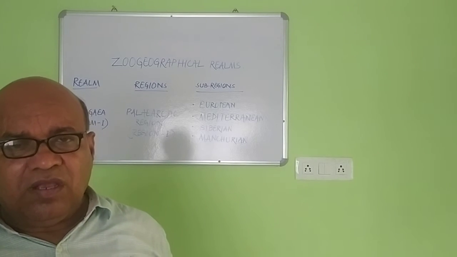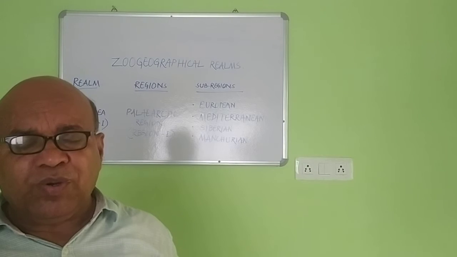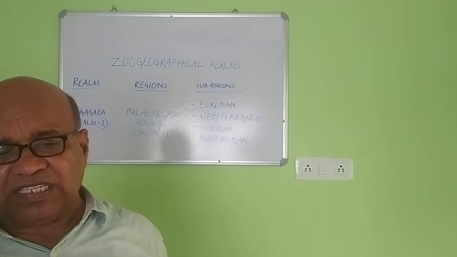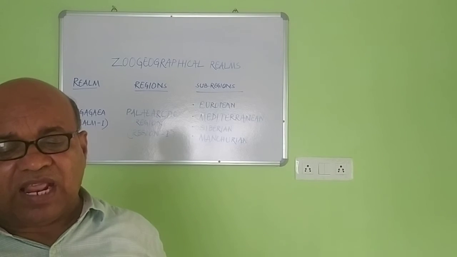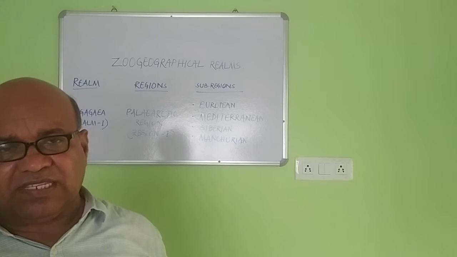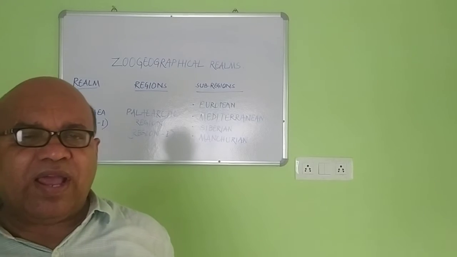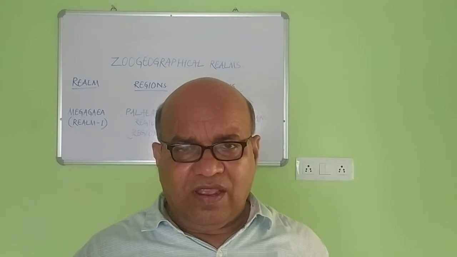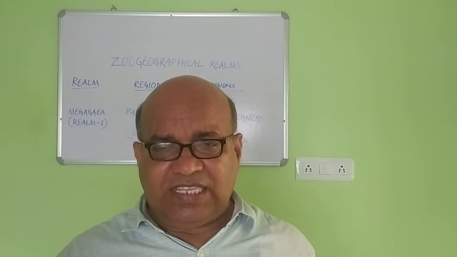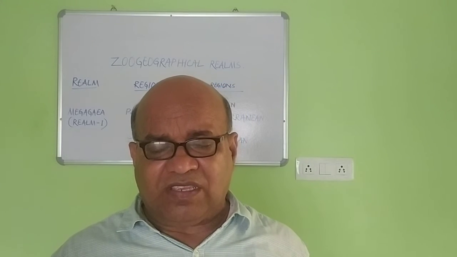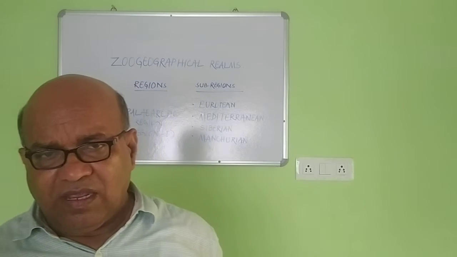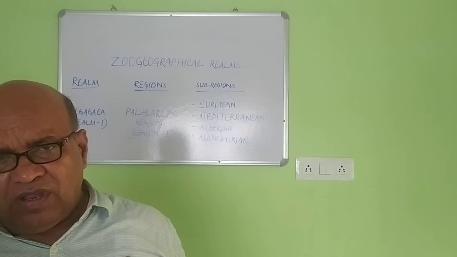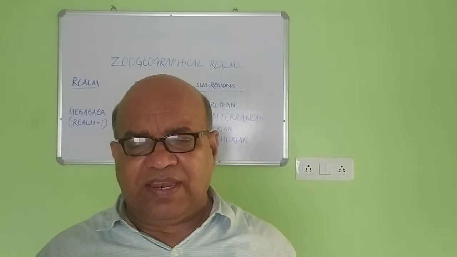That means 6 into 4 is equal to 24. So 24 sub-regions must be found in the total regions of the 3 realms.